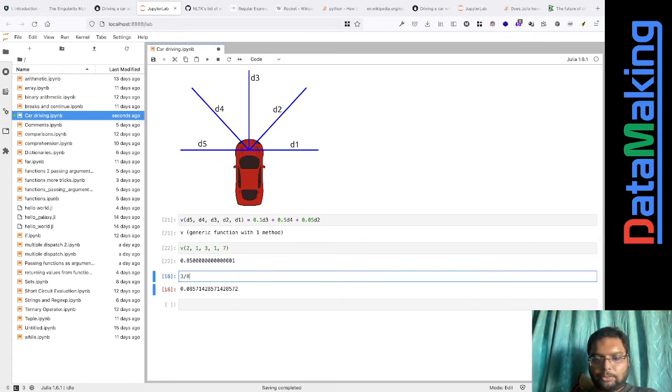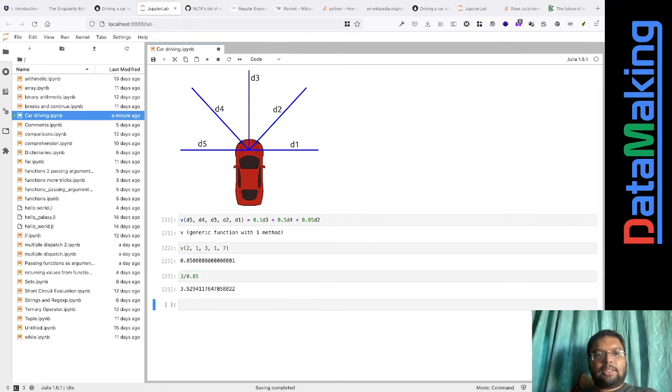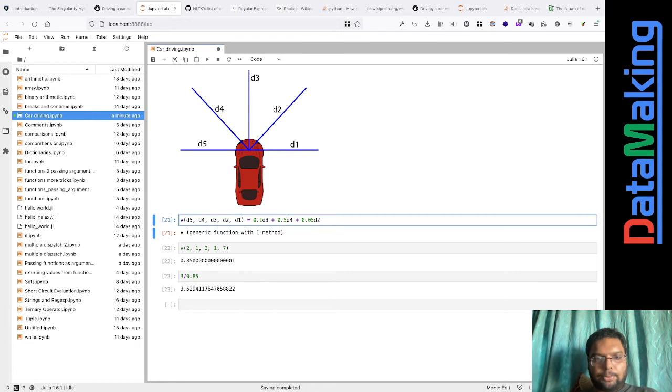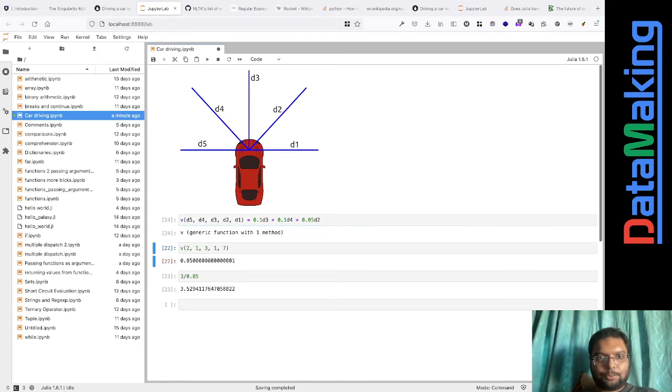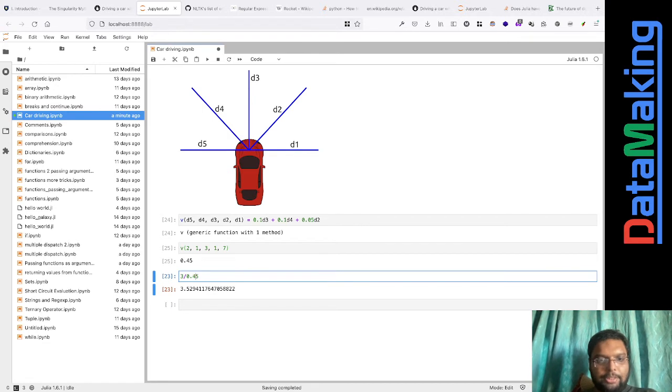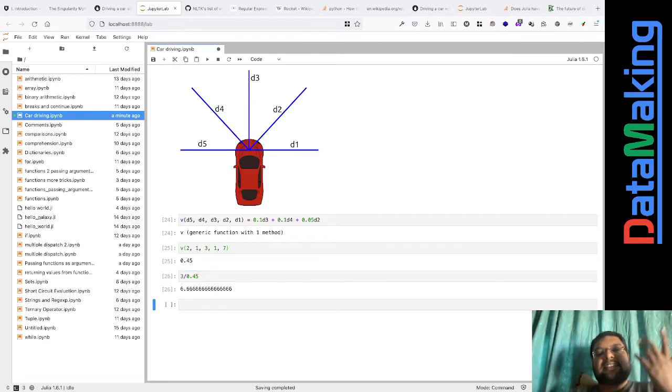So let me put 0.85. It'll crash in another 3 seconds or so. If you put 0.1 over here, 0.45, it'll crash in 6 seconds. This looks far better. So this is how the velocity equation would have been determined.